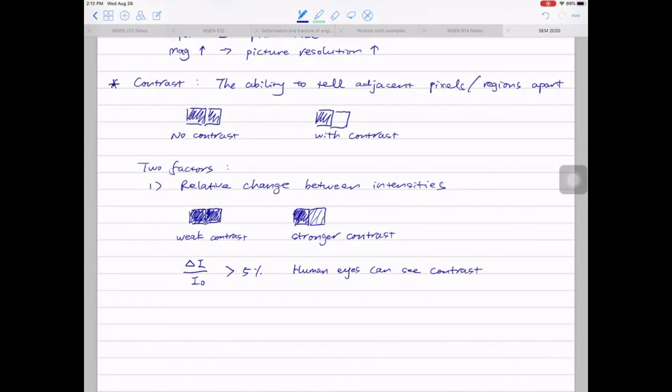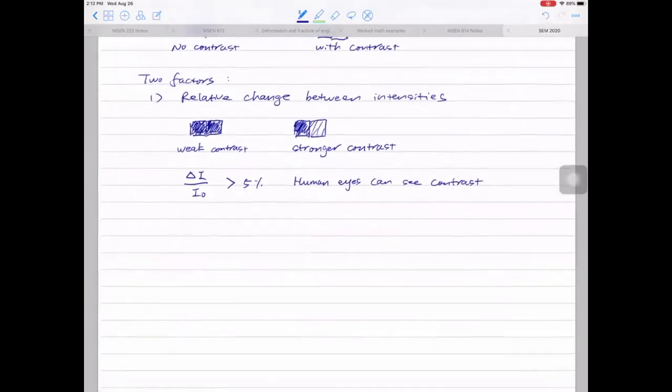It's amazing how sensitive human eyes can be. A 5% difference in the intensity, you can see the contrast. The second thing we have to be very careful about is something we call intensity relative to background.